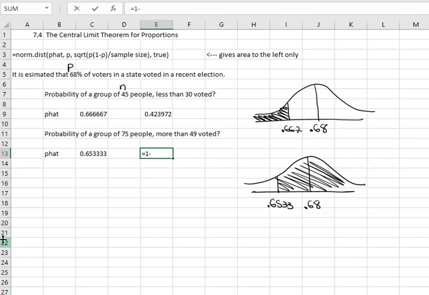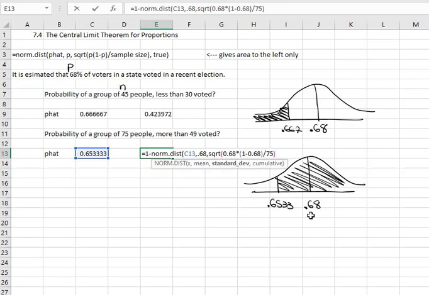Then we'll type in our normal distribution function, norm.dist, open a parentheses. X, the value we're interested in, is our p hat, which I'll go ahead and select to make it accurate, comma, the mean in the center of my distribution is 0.68, the proportion of the population, comma, for the standard deviation, it's the big square root from the central limit theorem, SQRT, open a parentheses, the population proportion of 0.68 times 1 minus the population proportion of 0.68 divided by the sample size, in this case 75.